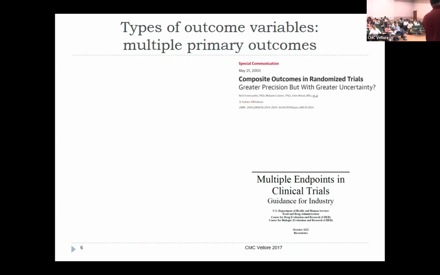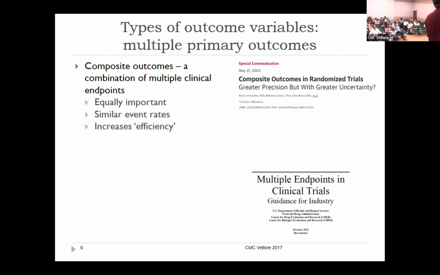So you get greater precision, but what are you mixing? Composite outcomes are a combination of multiple clinical endpoints. They should be equally important. They should have similar event rates. That's why you don't want to put in heart failure hospitalization, because they are occurring very frequently as opposed to a heart attack.